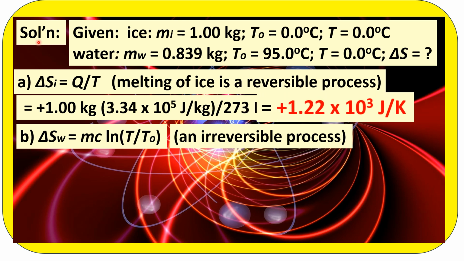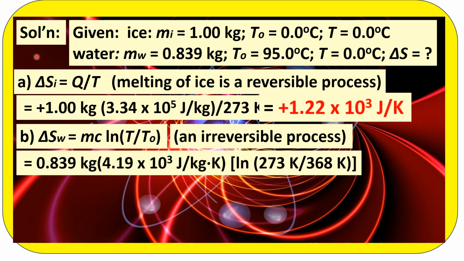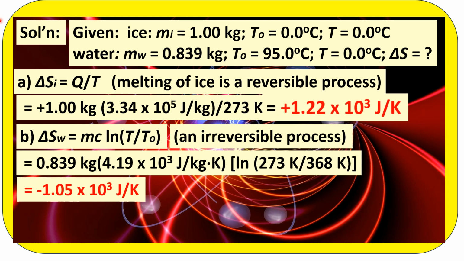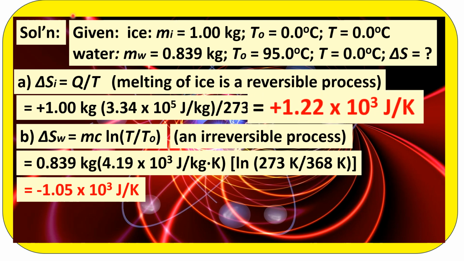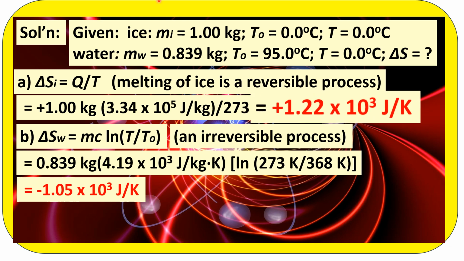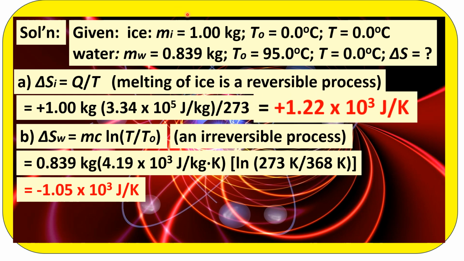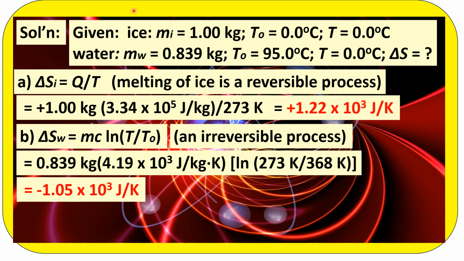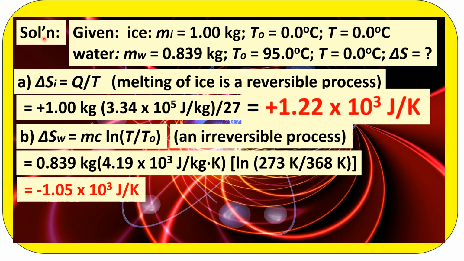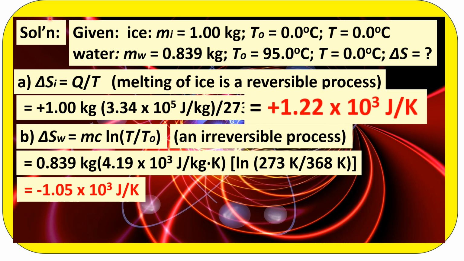So substituting the given quantities, we have 0.839 kilogram multiplied by the specific heat of water, 4.19 times 10 to the third power joules per kilogram Kelvin, and then we get the natural log of 273 Kelvin divided by 368 Kelvin, and doing our math again, we will get the delta S for water, or the change in entropy, equal to negative 1.05 times 10 to the third power joules per Kelvin.